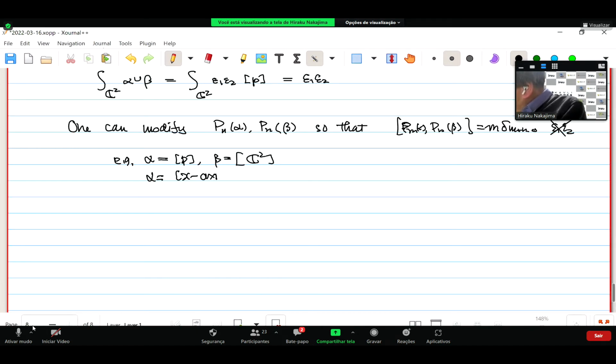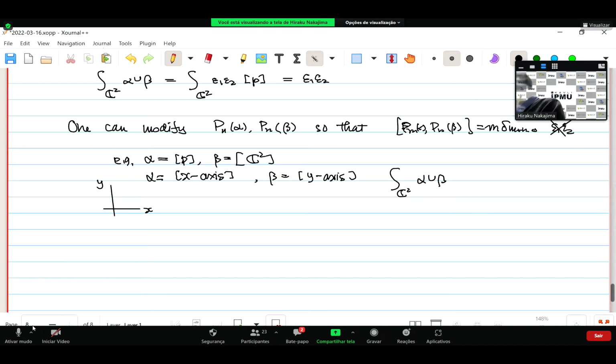So you have X and Y. Take alpha to be the Poincare fundamental class of the X axis and beta to be that of the Y axis. Then the product of alpha and beta is you just count the intersection of the X-axis and Y-axis.